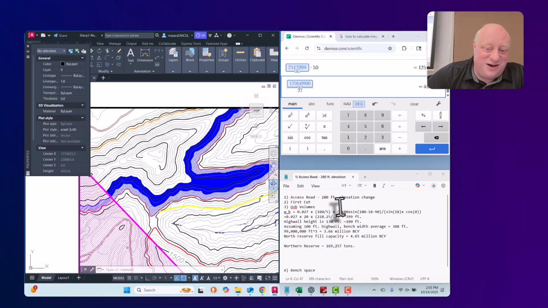It's an average, right? And it includes this big wide area. So it's all in there, but it's an average, right? And there we go. So we now know how much volume we have to remove.